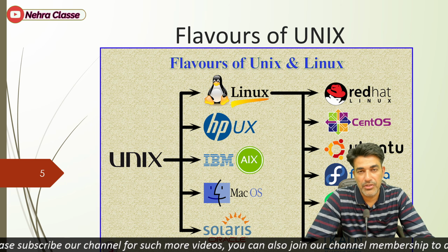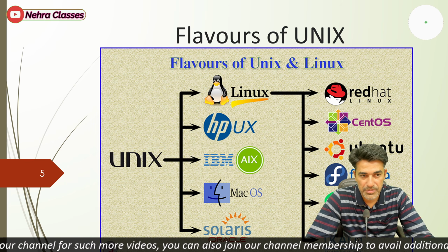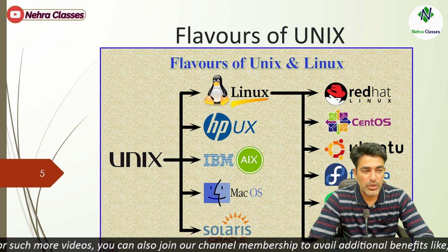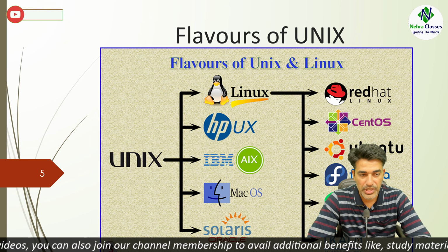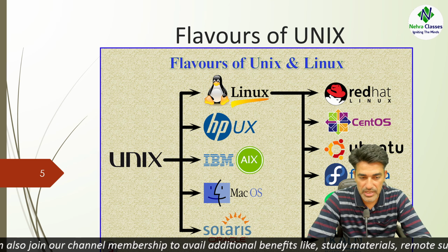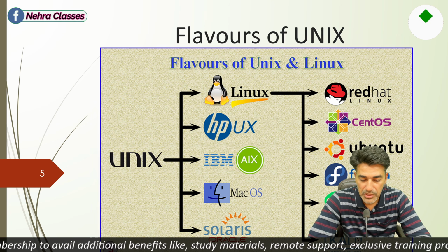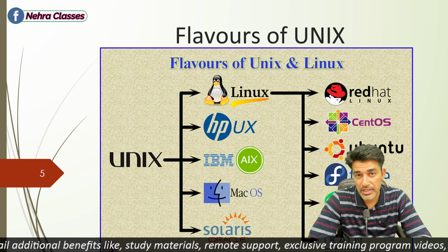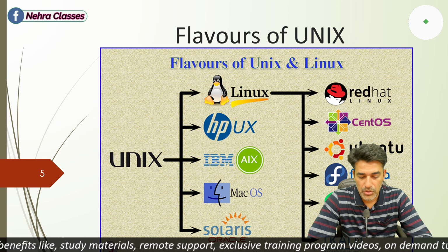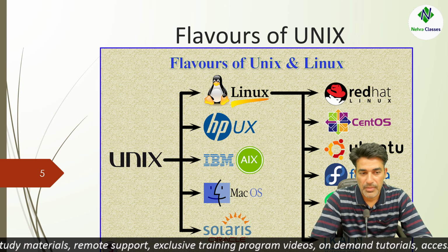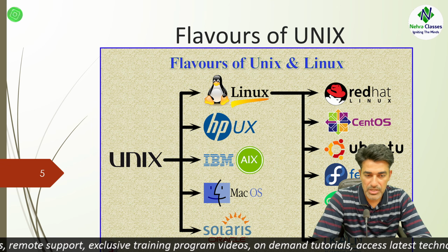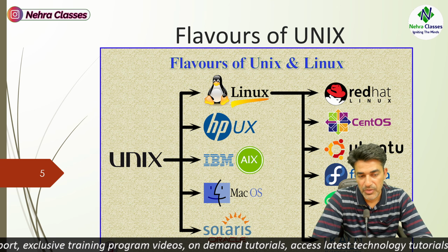These are derived from Unix. Now, if I talk about the flavors of Linux, you can find there Red Hat, CentOS, Ubuntu, Fedora, SUSE, Kali, Mint. So there are different communities which develop Linux. Red Hat is one, CentOS is another, Ubuntu is another.